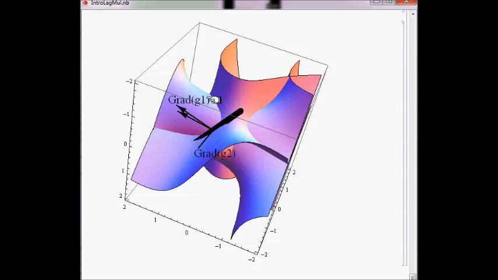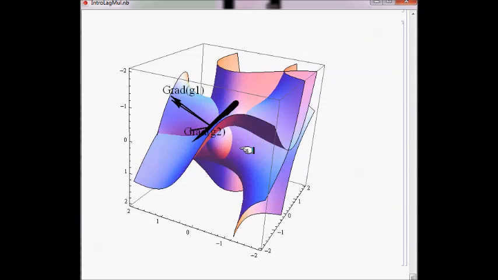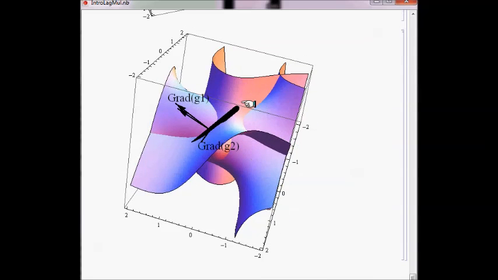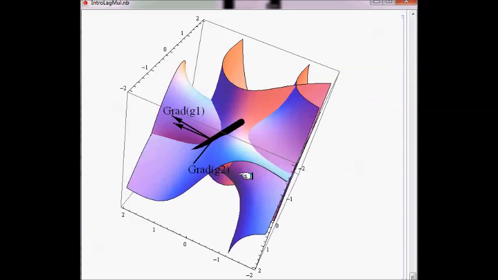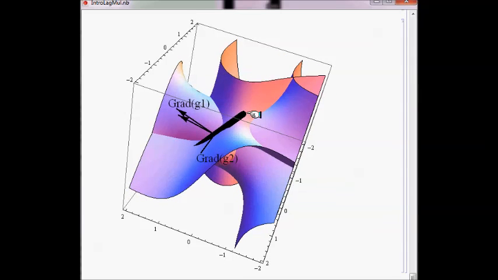So G1 is probably the ellipsoid gradient, and G2 is the cubic gradient. And the tangent line, we've seen this type of problem in our exercise. This tangent line must be perpendicular to G1 and G2.